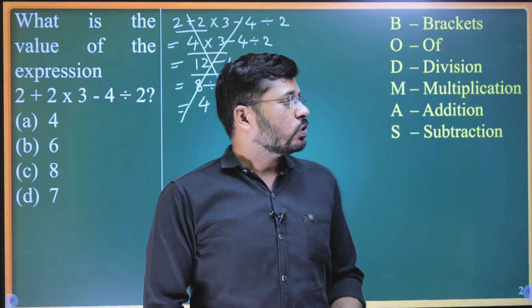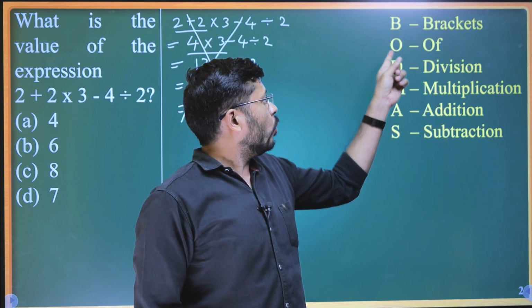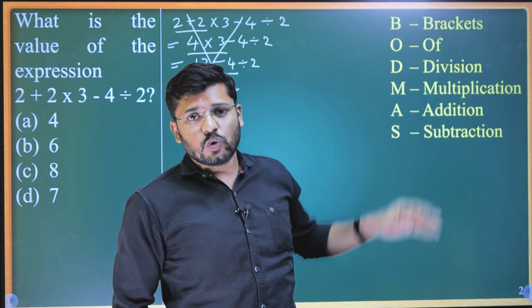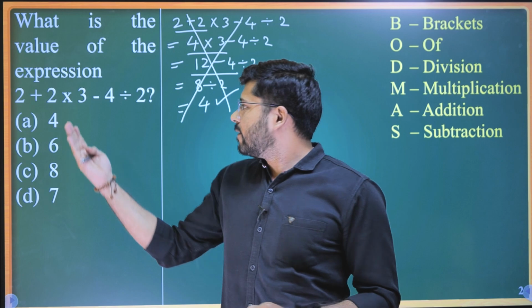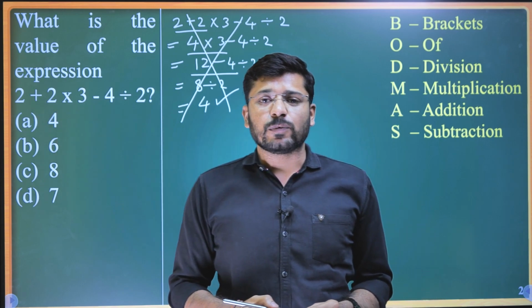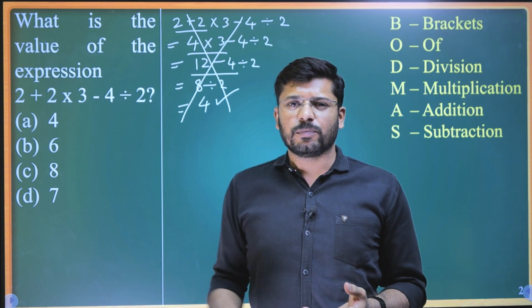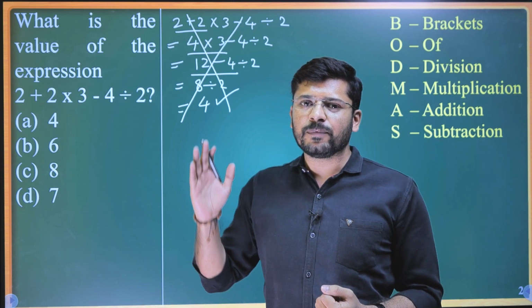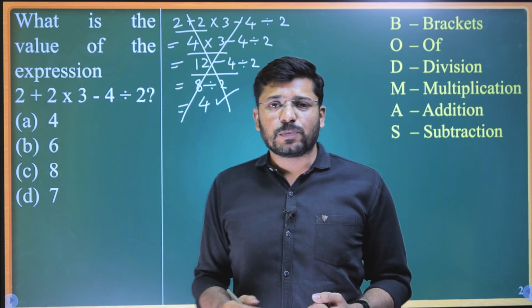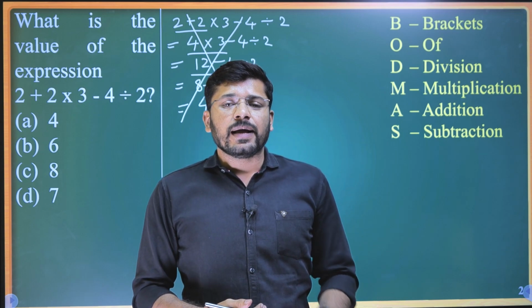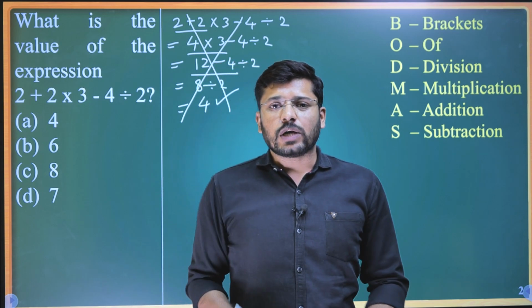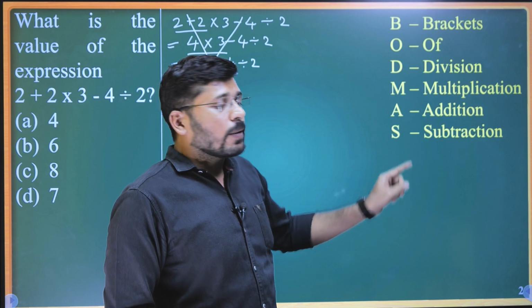Why? Because of the BODMAS rule. It says that whenever there is a mathematical expression with more than one operator, and what is an operator? Plus, minus, into, divided by, these things are called operators. Whenever there is such an expression, we will solve those operators in this manner.